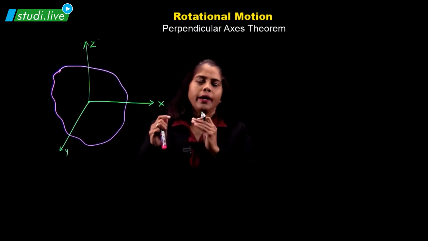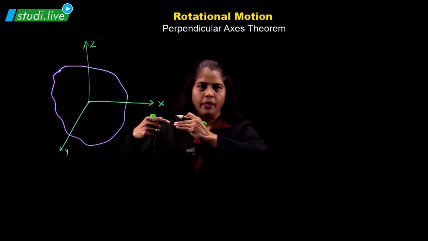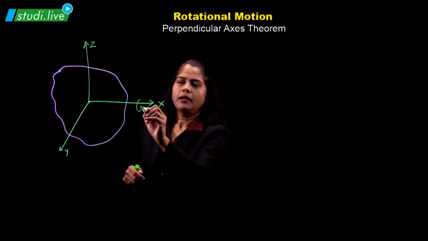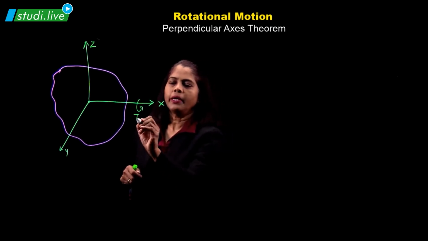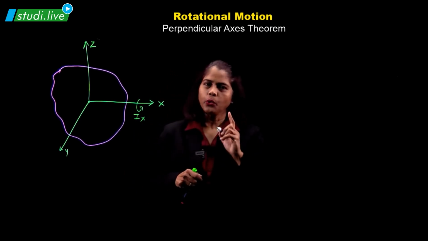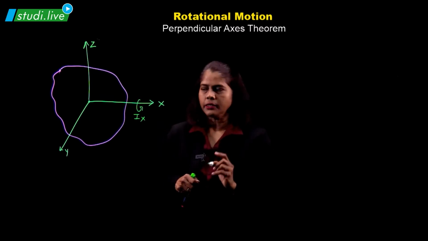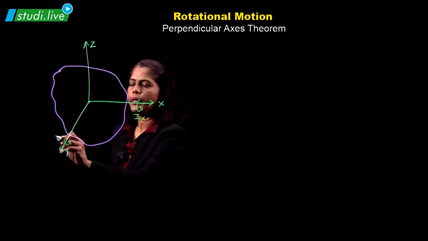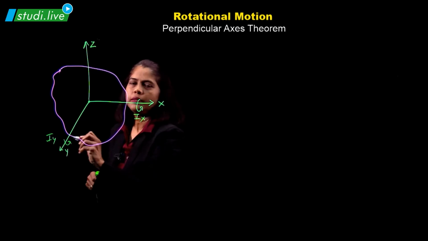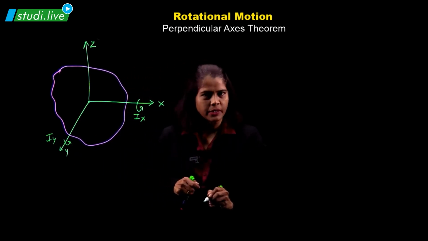right? Okay, now when you rotate the body about one axis, its moment of inertia will be Ix. You know the concept of moment of inertia, right? And this part will be Iy, that is moment of inertia about y-axis.